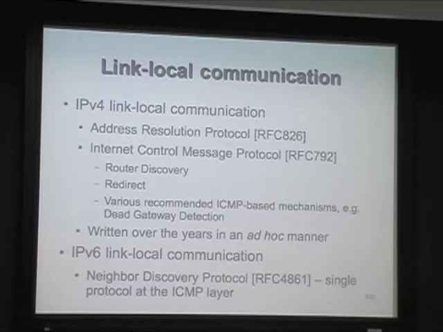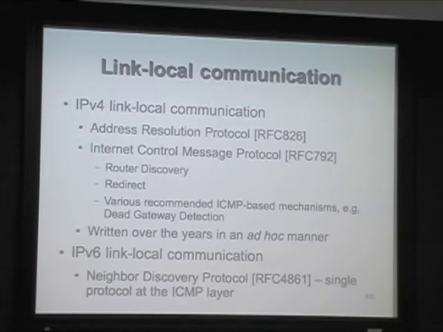There are also a bunch of other ICMP-based mechanisms that are used in IPv4, but they're not usually required by the specification to be used in IPv6. They're not widely adopted, they're not widely implemented, sometimes they're not even interoperable.